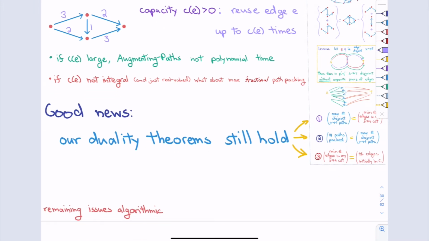So all that's left is the algorithmic issue of how I am going to make an algorithm that works for real capacities. Obviously, clearing denominators is going to make lambda really big.